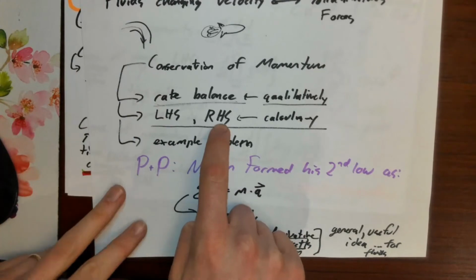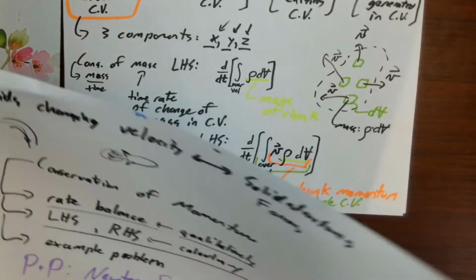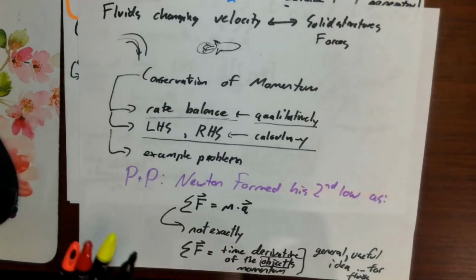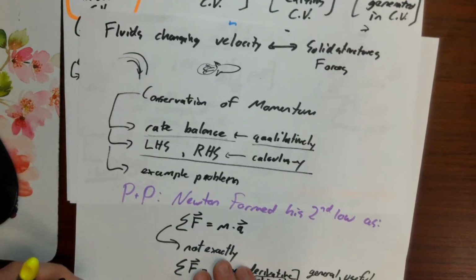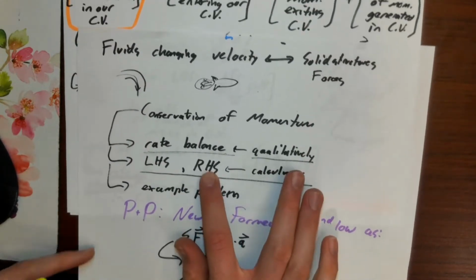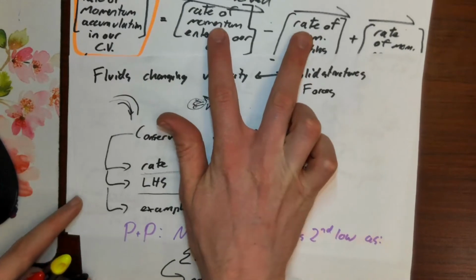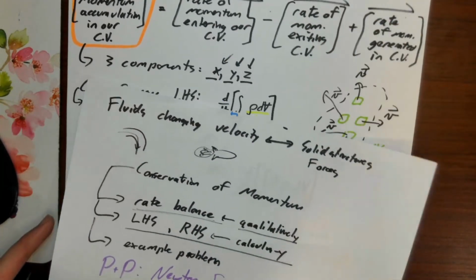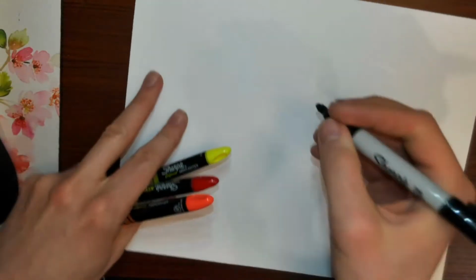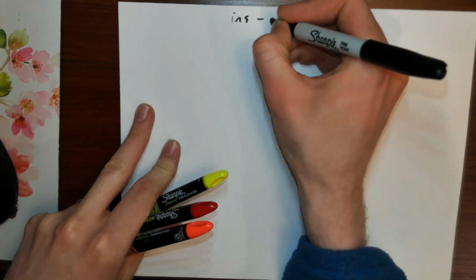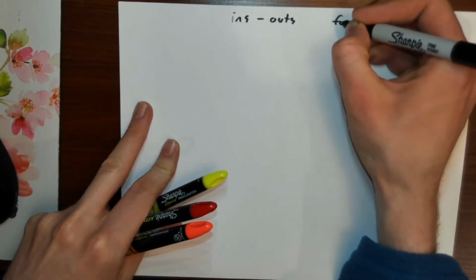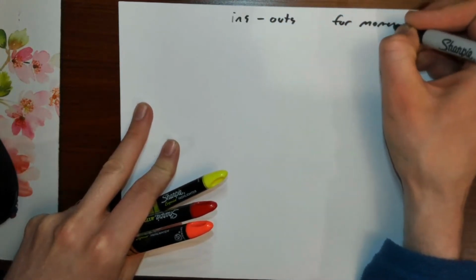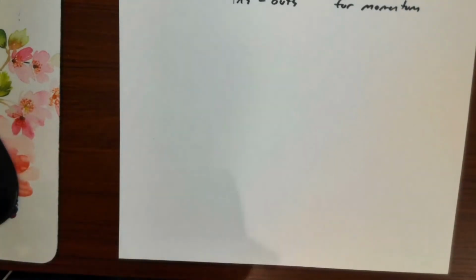Now let's talk about the calculus-y version of the right-hand side of conservation of momentum. And in particular, we're going to need to analyze two separate parts of the right-hand side. First, let's talk about ins and outs, and then we'll talk about the generation term. So ins and outs for momentum.